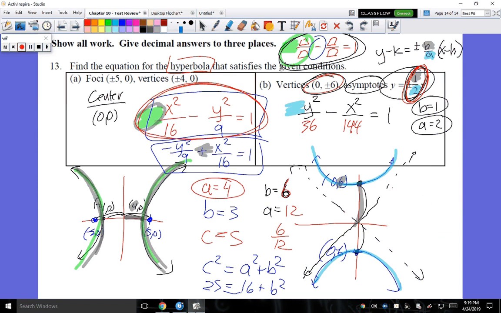Bear with me and follow me. Here we go. The B over A from the asymptotes is saying that it looks like B over A is equal to 1/2, saying that B is 1, A is 2. But because over here on the vertices, we saw that up and down it was 6 units, we put 6 units here for B. Okay?